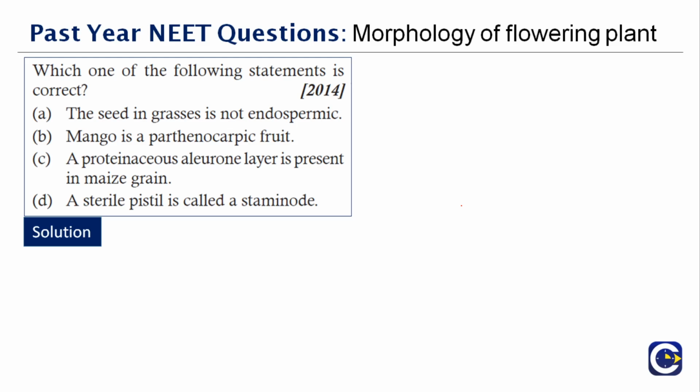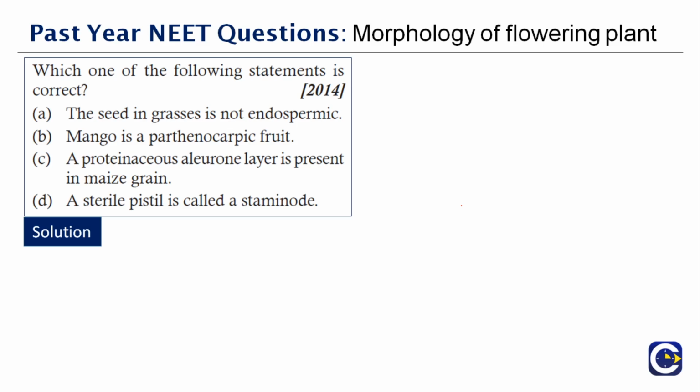Generally, monocotyledonous seeds are endospermic, but some of them, like orchids, are non-endospermic. Mango is a drupe fruit that develops from a multicarpellary syncarpous superior ovary having one or many seeds. A sterile stamen is called a staminode.